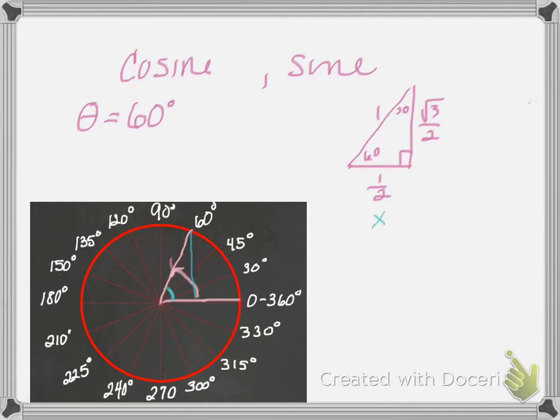So, in blue, I've made the triangle, and I'm trying to help you see that the x portion of that triangle, the x-axis, is 1/2, because that's across from the 30-degree angle. Across from the 60-degree angle, the longer side is the square root of 3 over 2. So, if I asked you for the coordinate, you would say 1/2 comma square root of 3 over 2.